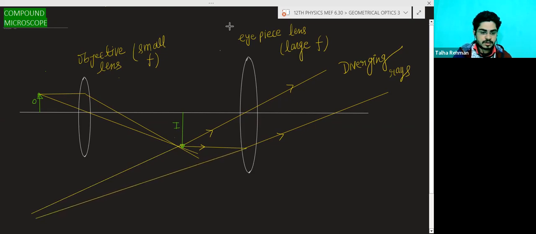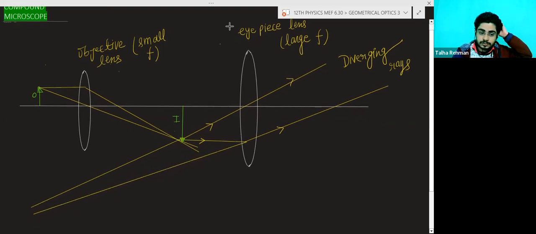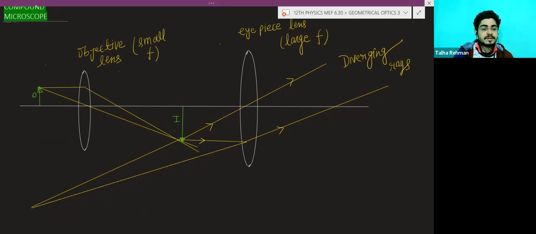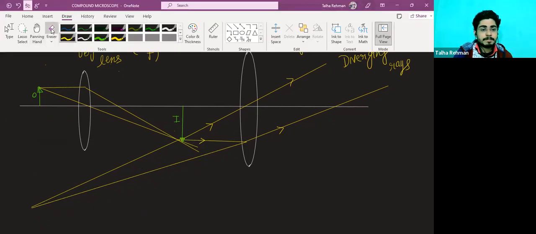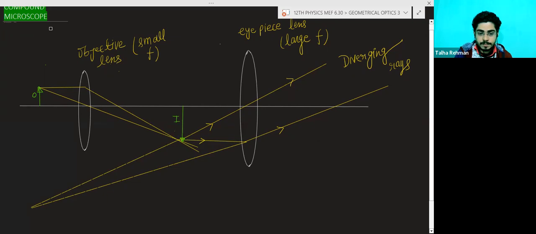So somewhere here the image will form. Now you can see the bigger image, very big as compared to the object. See, in case of the compound microscope, how big the image formed.